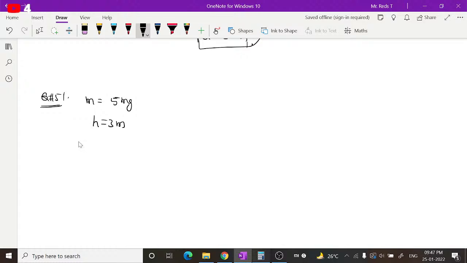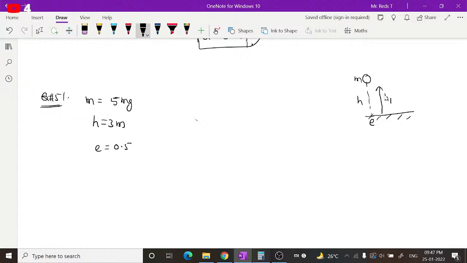If the coefficient of restitution e is equal to 0.5, then after the impact, the sphere will rise to a height of... Let's say this is a surface, and there is a glass sphere of mass m at a height of h. After falling from this height, the surface has a coefficient of restitution. So after impact, again it bounces back and rises to a height of h1.